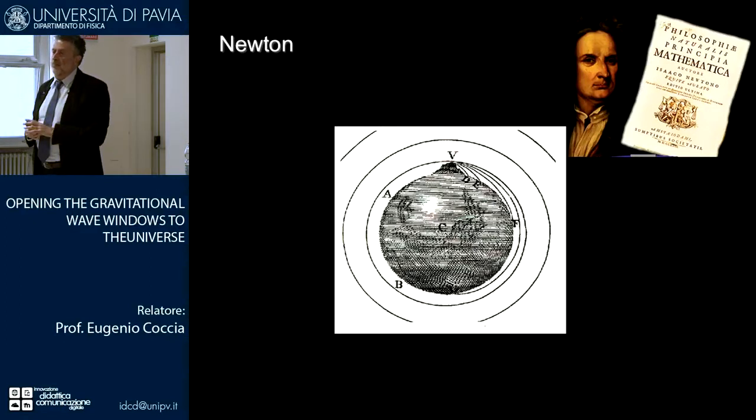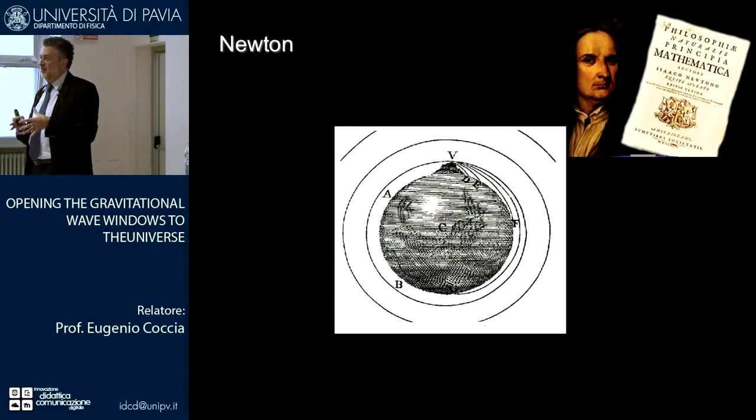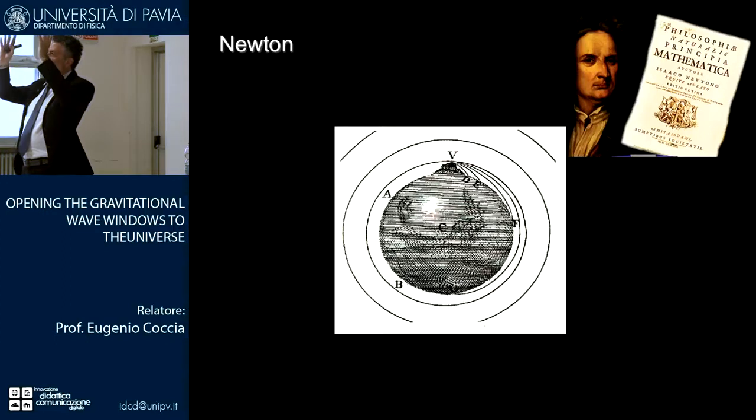Up to that time, our mentality, the way of looking at the universe, was that on the earth there were terrestrial phenomena, dirty phenomena, and in the sky there were the pure heavenly phenomena. So different nature. With this drawing, we understand that there are not two different physics, not two different natures. There is only one physics in all the universe.